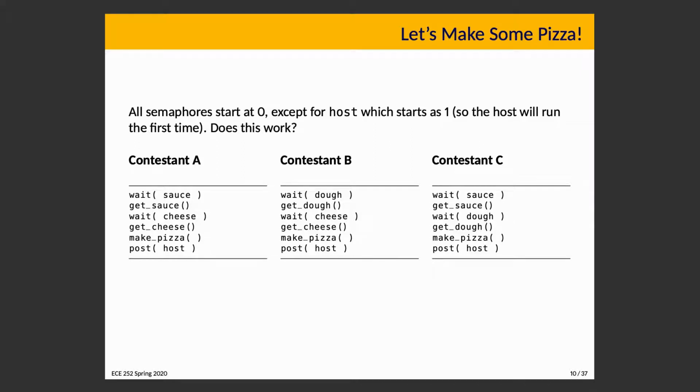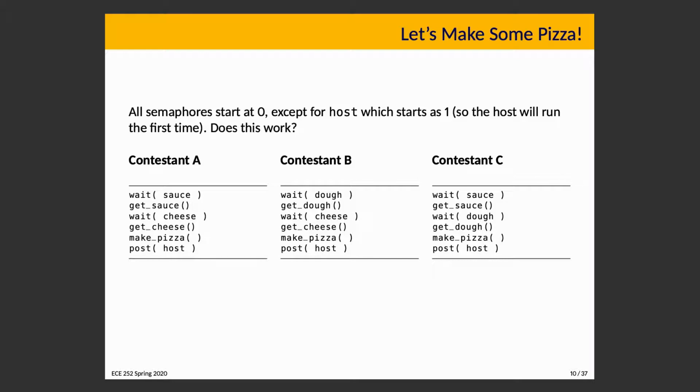What about if you put out sauce and cheese? Does that cause a deadlock? The answer to that is also yes, but it's even a little bit stranger. If you put out sauce and cheese, it's possible contestant A gets both and they finish and leave, fine. But it's possible that contestant C gets the sauce and then is waiting for dough. Dough has not been put out.